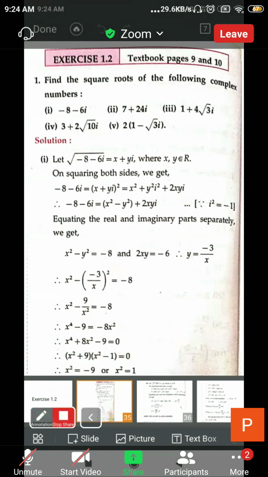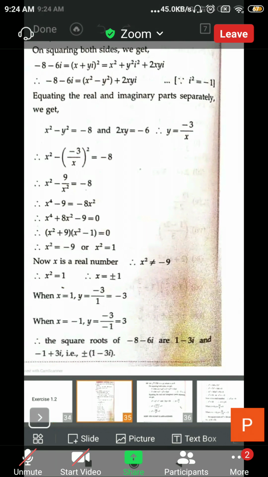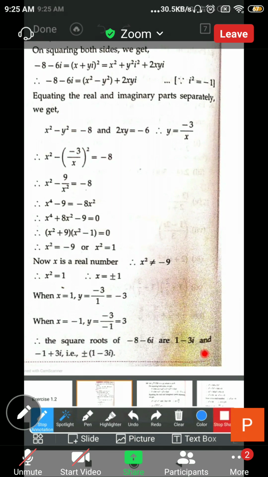Then we are going to write that the root of minus 8 minus 6i will be nothing but 1 minus 3i. X is 1, then minus 3i, and when x is minus 1, it will be plus 3i. That is, we can write that as plus or minus (1 minus 3i).